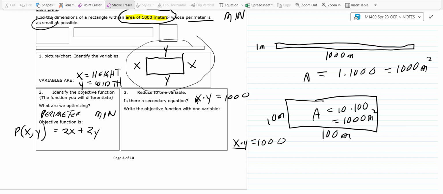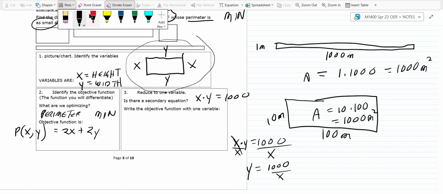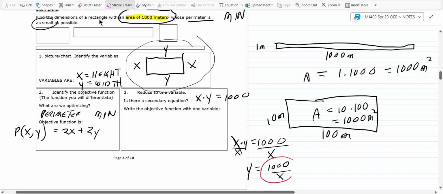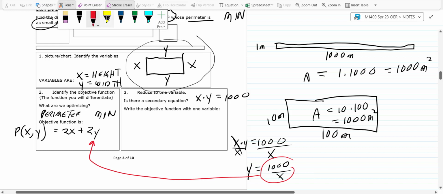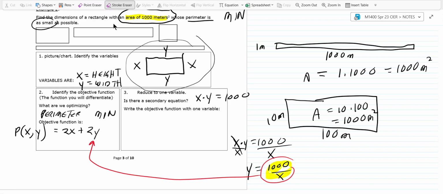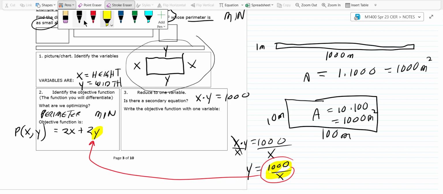So I'm going to divide both sides by x so that y is equal to 1,000 over x. Now what you're going to do is plug that in for y right there. Then we're going to have an objective function with one variable.